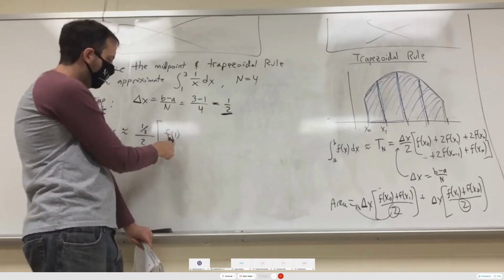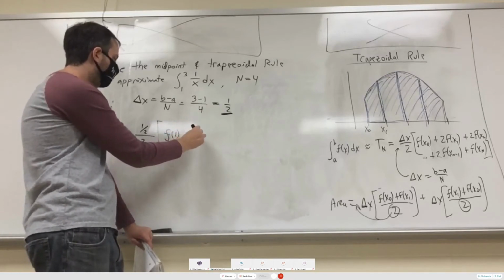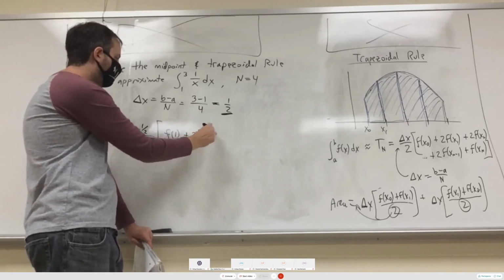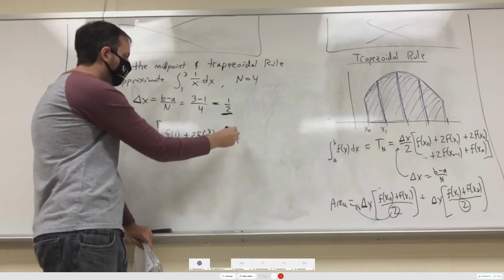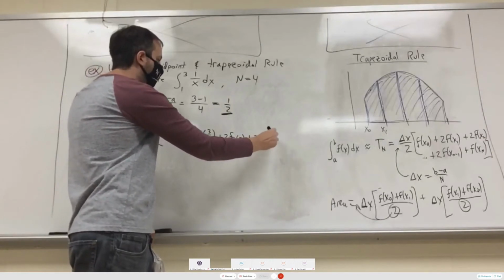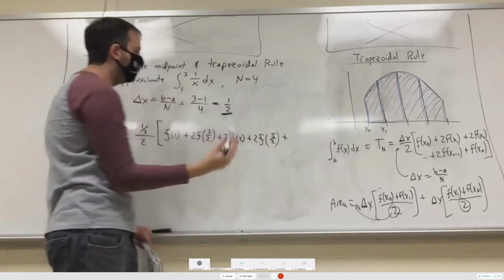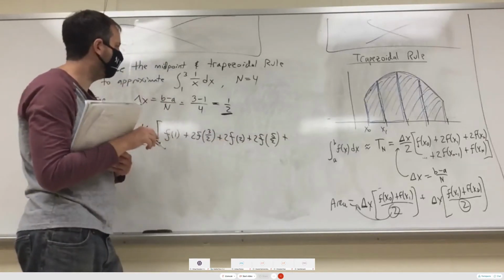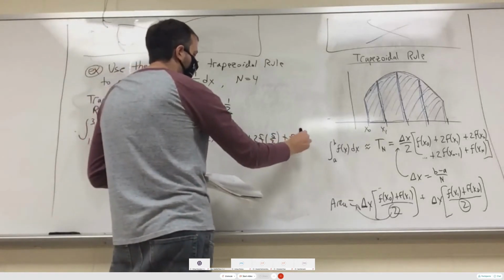So 1/2 unit past the starting point is 1.5. So plus 2 f of 3/2, plus 2 f of 2, since 3/2 plus 1/2 is 2, plus 2 f of 5/2, that's 2.5. And now we're at the end, so we only have a coefficient of 1 at the end, which would be just f of 3.